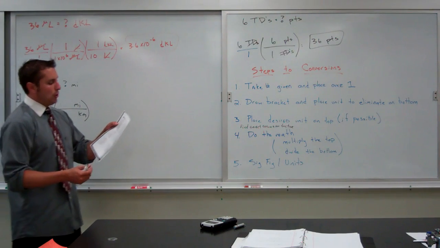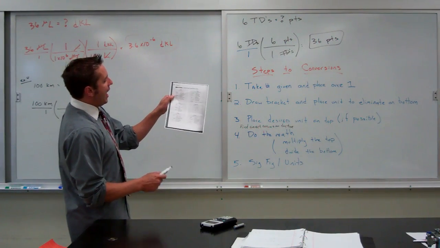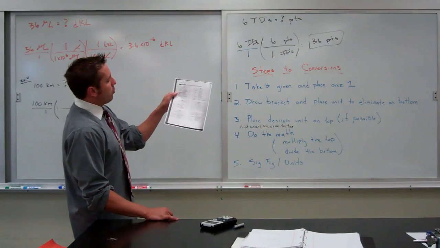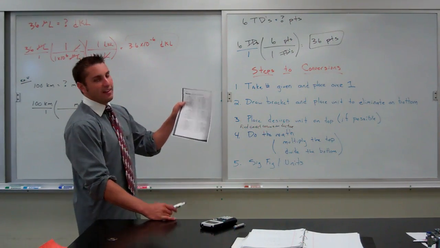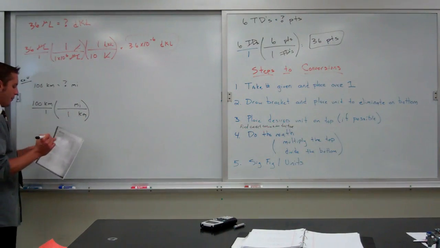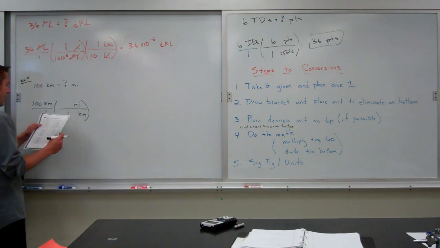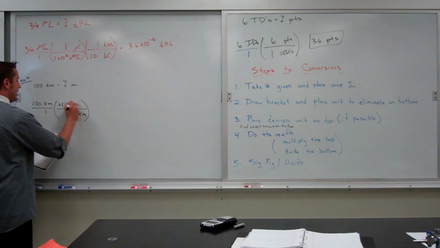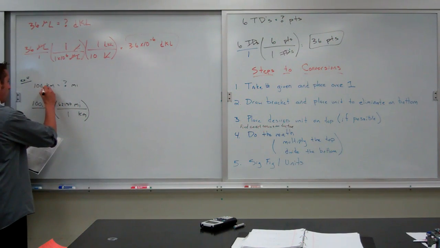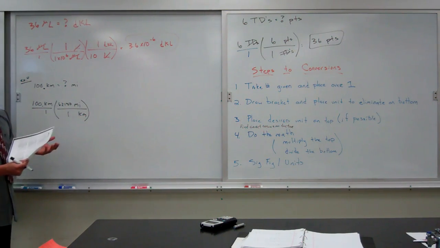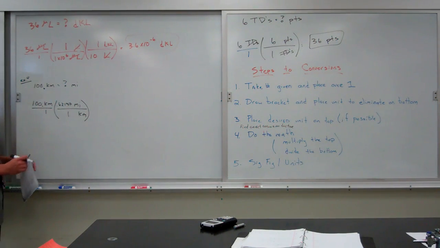And sure enough, if you look on this worksheet, 4 down on Appendix 6, it says 1 kilometer equals 0.62137 miles. So that means we put a 1 with kilometers, and we put 0.62137 with miles. So you found one line that lets you do this in a step.